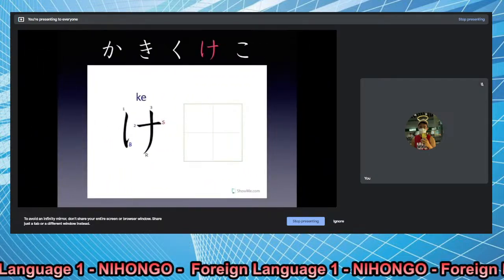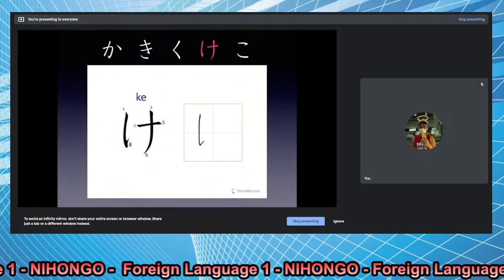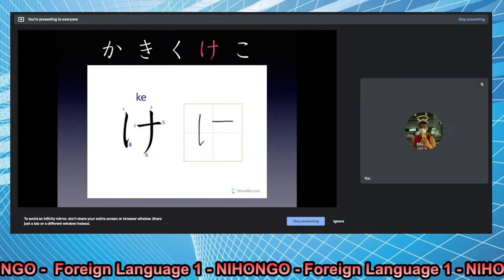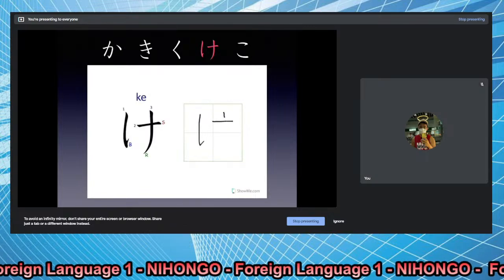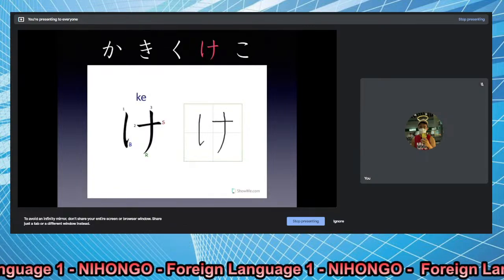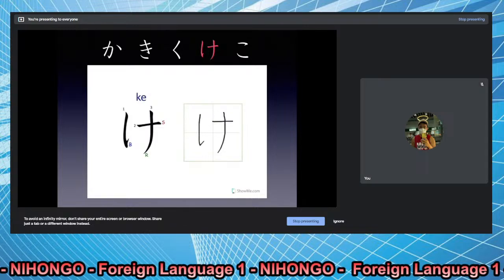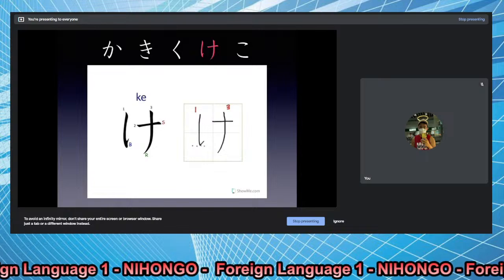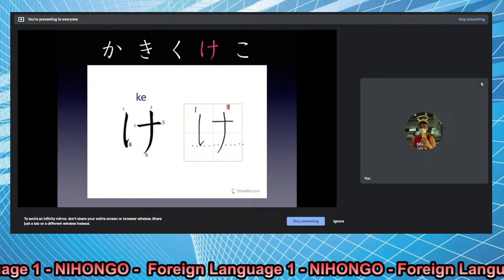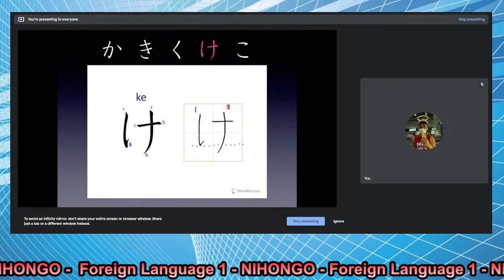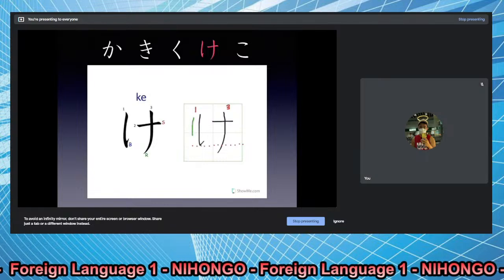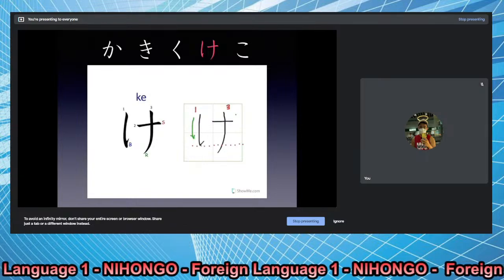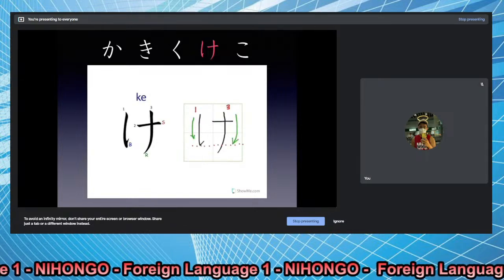The next letter is ke. 1. Brush up. 2. Stop. 3. Release. Check your stroke number 1 and then 3. Number 3 is supposed to be slightly longer than number 1. Also, these two strokes are gently curved inward like this.